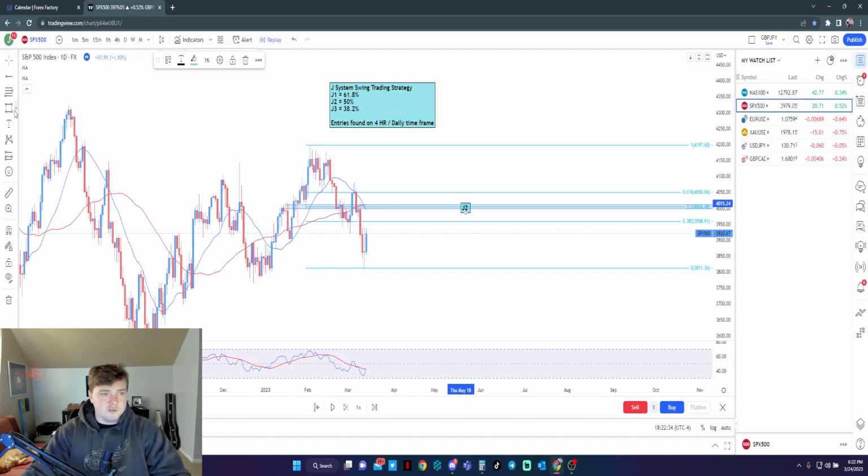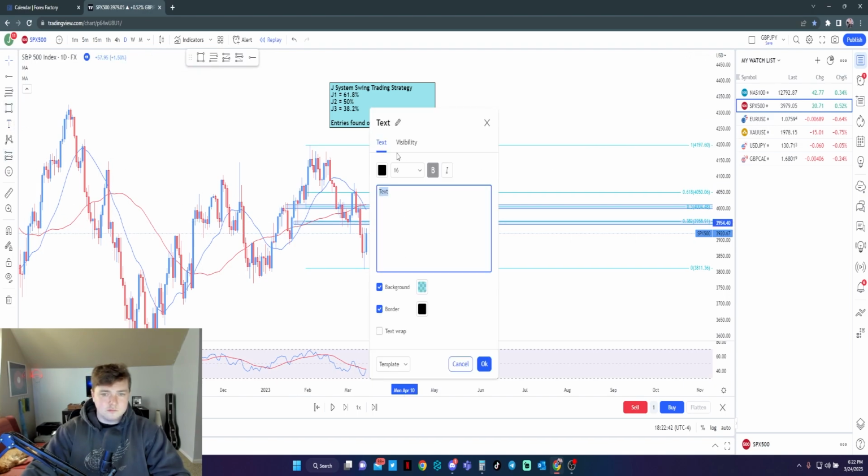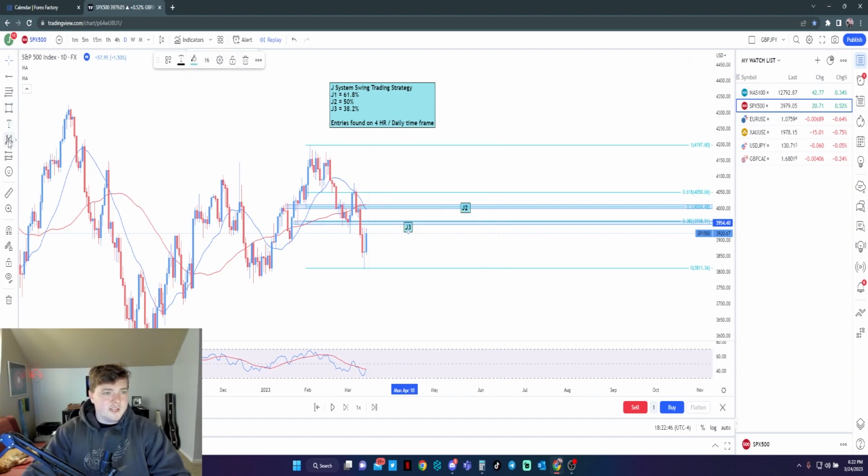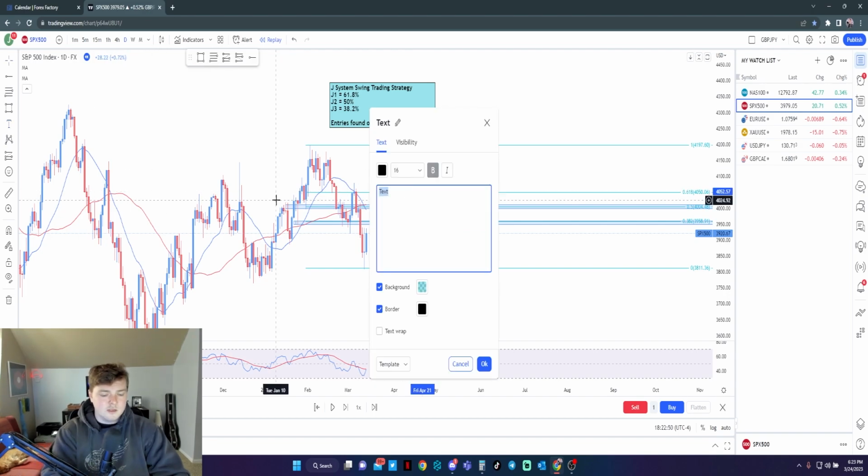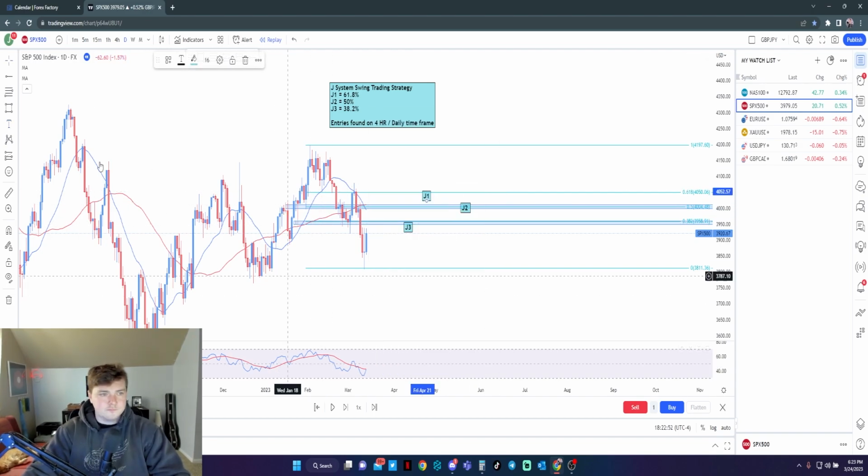So we had a J2 here. We had decent structure here at a J3. And we had decent structure here at a J1.